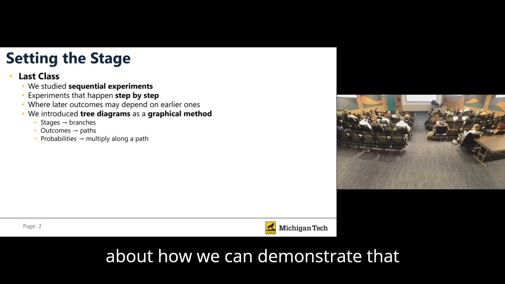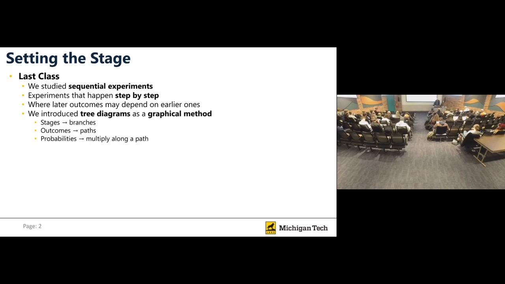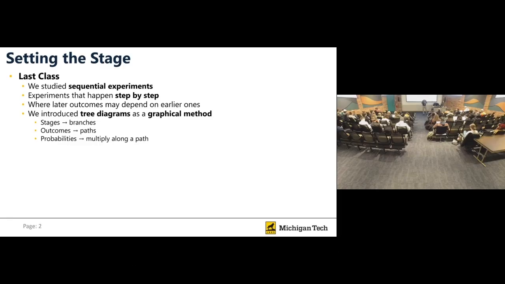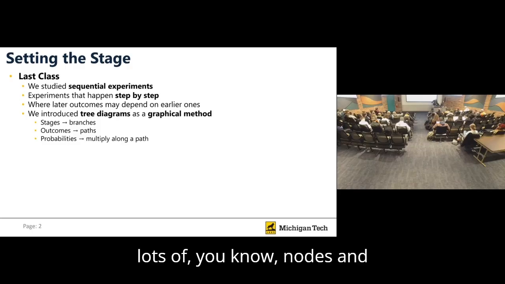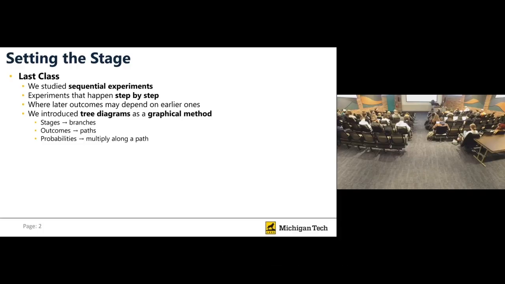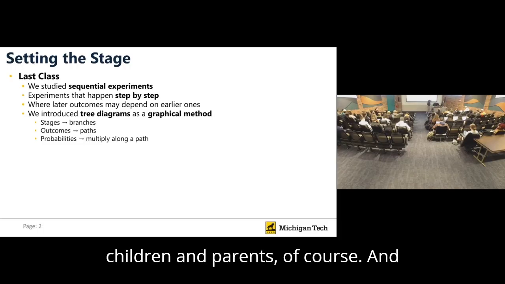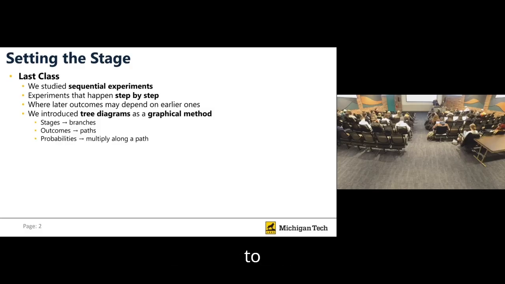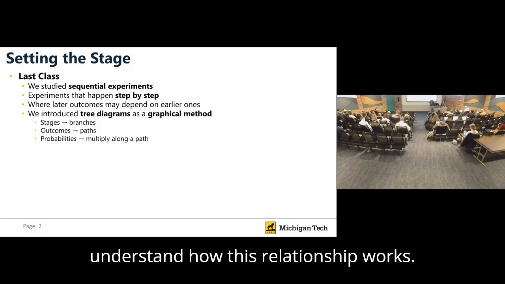We talked about how we can demonstrate that using a structured way. One of the methods that we explained was a tree with lots of nodes and edges between nodes, between children and parents, of course. This tree structure can help you to understand how this relationship works.